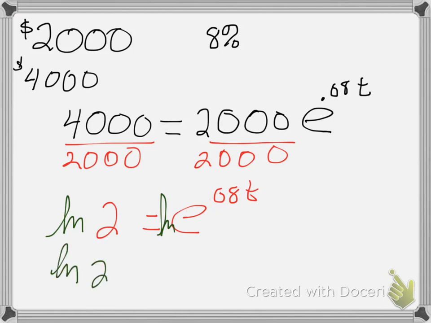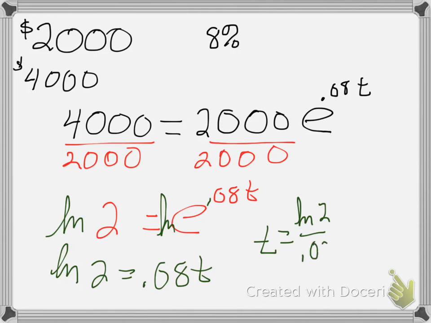So the natural log of 2 is equal to 0.08 T. So T is equal to the natural log of 2, which is 0.693, and divides that by 0.08. And when she does that, she gets 8.663. So about 8 2/3 years in order to double her money at 8% compounded continuously.